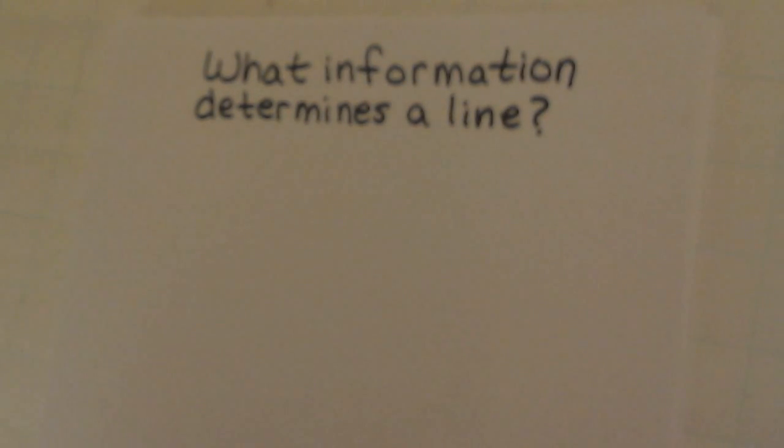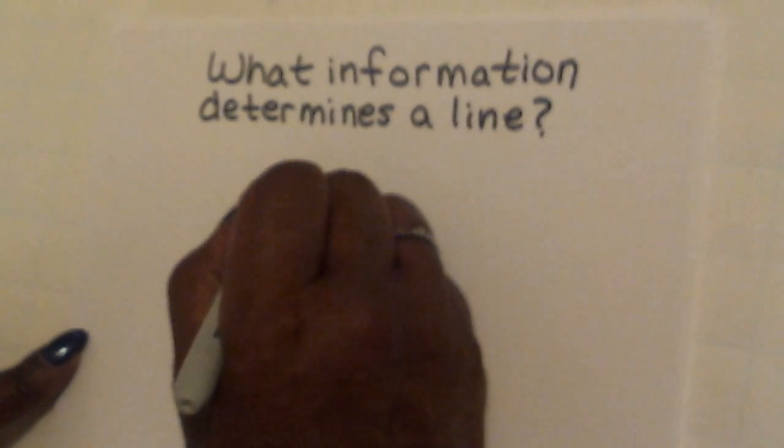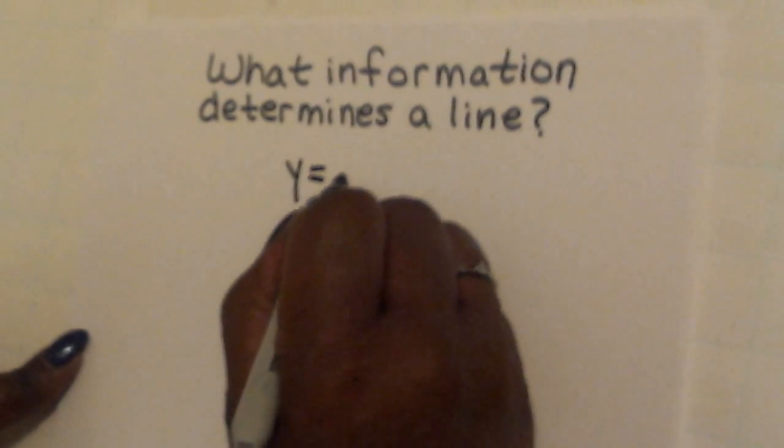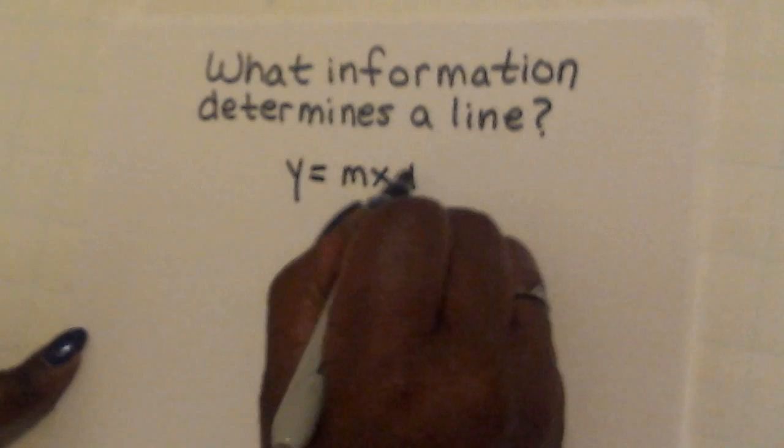In your notes, I showed you three ways that you can write the equation of the line from the information that you're given. If you remember, what do you need to write the equation of a line? You need the slope and the y-intercept. We're going to write equations in the form y equals mx plus b.